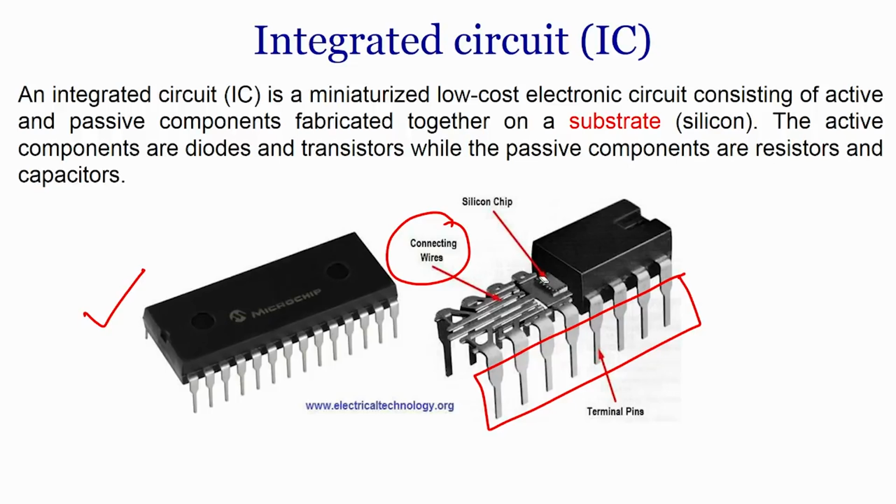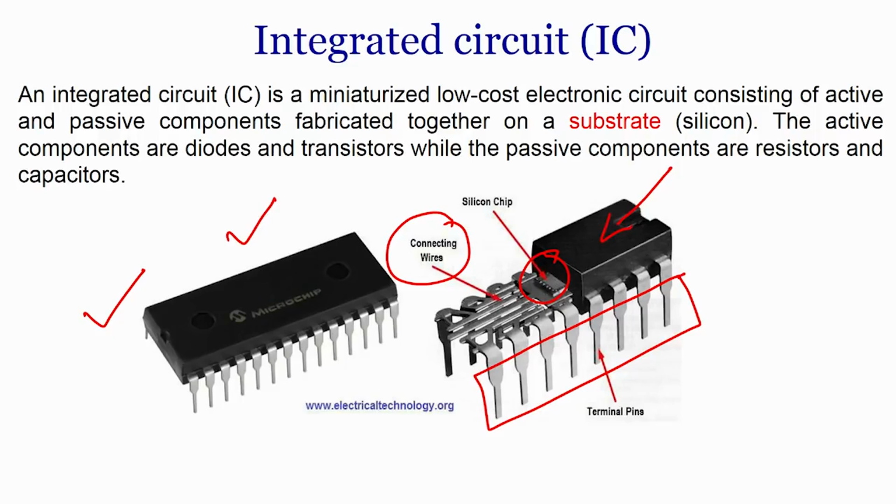So, when you fabricate a lot of transistors, devices, and active and passive components integrated together on a small silicon chip similar to this, and then connect it to the external world using connecting pins and connecting wires, and finally use this casing for packaging the entire circuit, this whole thing gives us this particular device, and that is your integrated circuit.